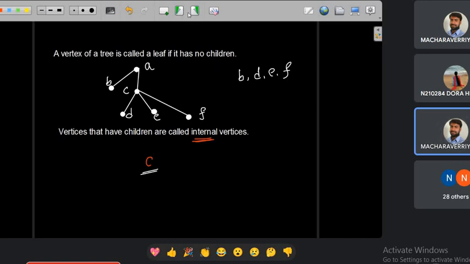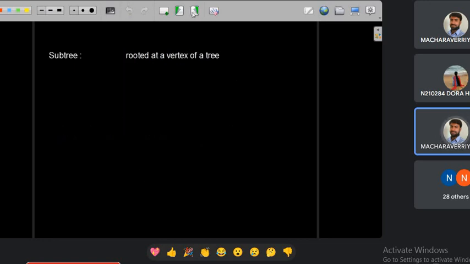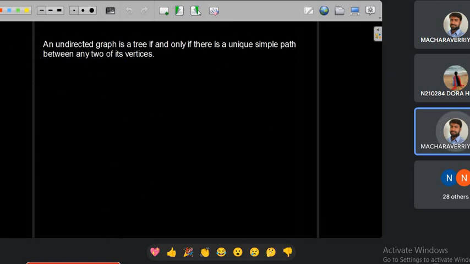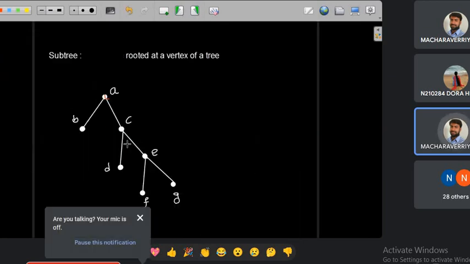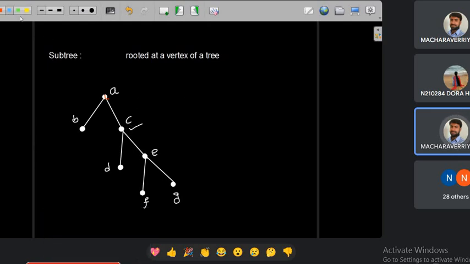Okay. So now let me define a subtree of a tree. For that, let me pick one example. So now I'd like to see a subtree which is rooted at C. Okay, a subtree rooted at C. So what is that subtree? Now you are going to take C as a root, and the rest of the vertices below it.